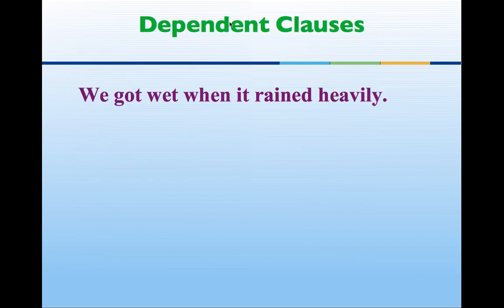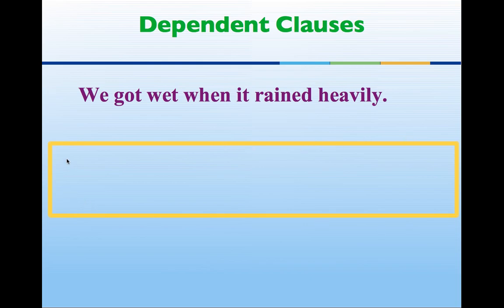So let's come to the dependent clauses. What are dependent clauses? Let's take the example sentence: We got wet when it rained heavily. This is the sentence, inside the big brown rectangle.